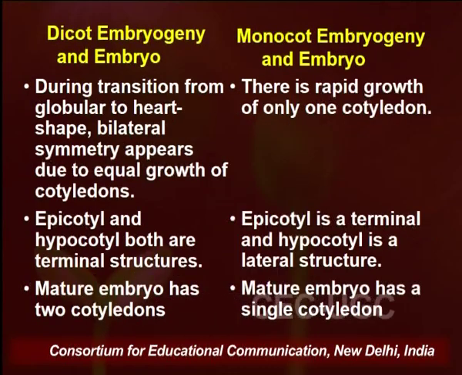In dicots, during transition from globular to heart shape, bilateral symmetry appears due to equal growth of cotyledons, whereas in monocots there is a rapid growth of only one cotyledon. In dicots, the epicotyl and hypocotyl both are terminal structures.